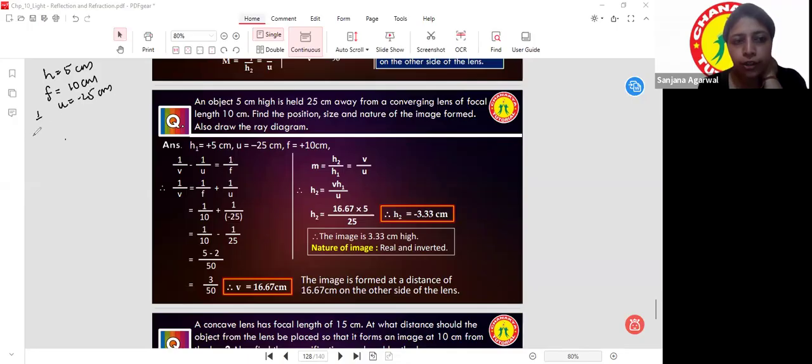We can use the lens formula first of all. 1 by F equals 1 by V minus 1 by U. We can get 1 by V out of here: 1 by F plus 1 by U. Simplify the expression, children. You'll be getting V as 50 by 3. I'm writing V as 50 by 3.